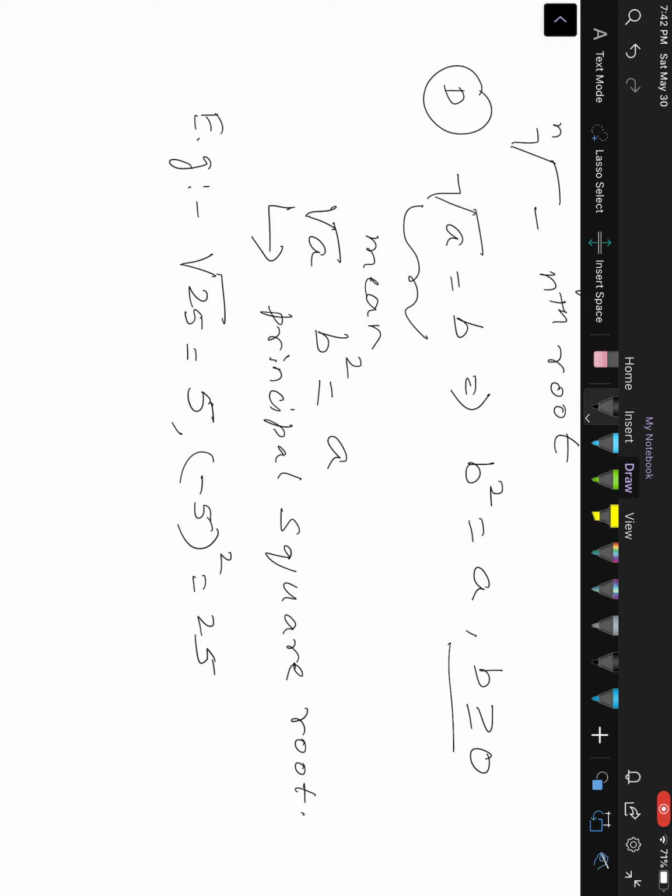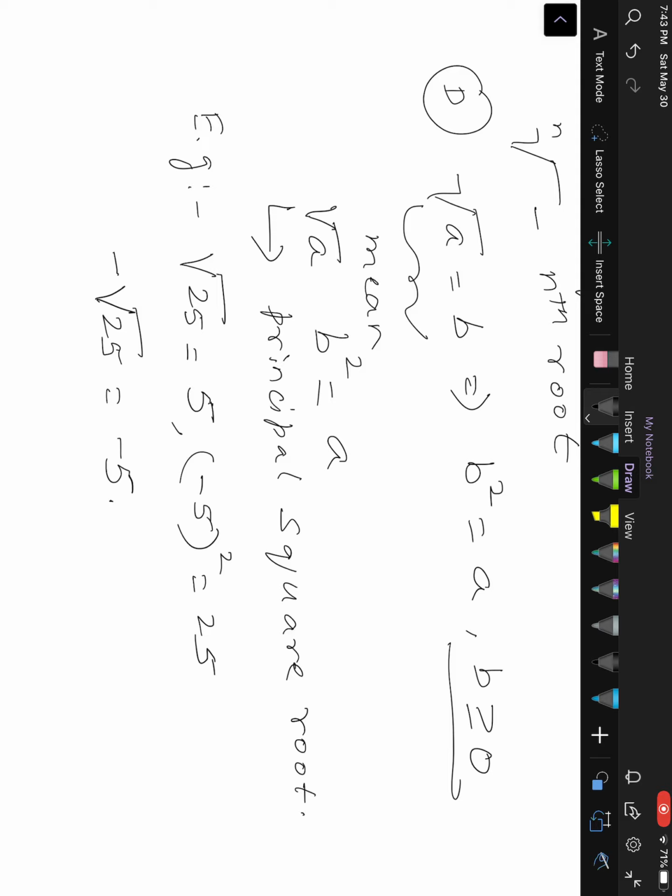But according to the definition, if you are finding the principal square root, b always has to be greater than or equal to 0. To get negative 5, you should apply negative of root 25. Then you will get negative 5.